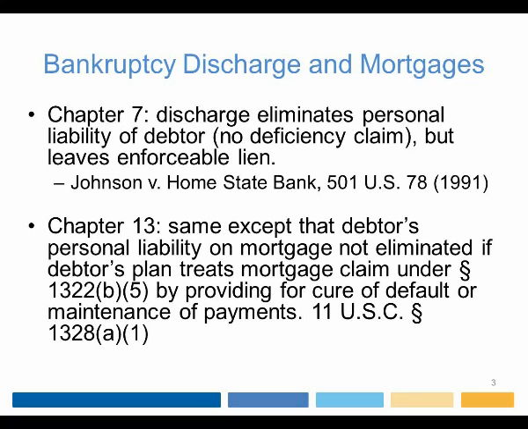Otherwise, as bankruptcy practitioners sometimes say, the lien passes through the bankruptcy unaffected, but the debtor's personal liability has been discharged. The creditor could not come after the debtor personally. They might be able to foreclose on the property, but they could not get a judgment against the debtor or come after the consumer personally, unless there's been a reaffirmation agreement that the consumer signs, and we'll talk a little bit about that in just a second.